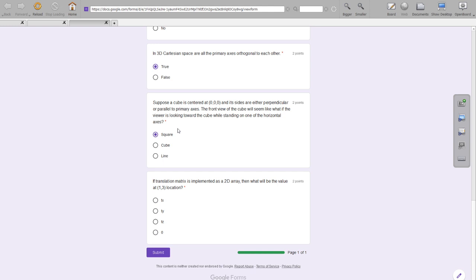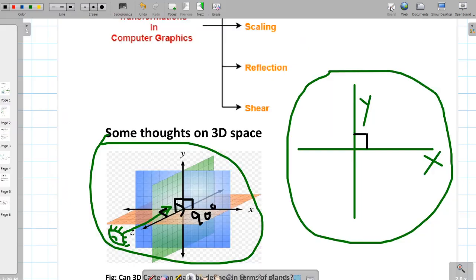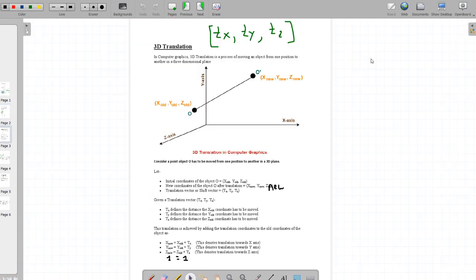And the last question for today: if translation matrix is implemented as a 2D array, then what will be the value at 1 3 location? Now for this you have to remember the general construction of the translation matrix.